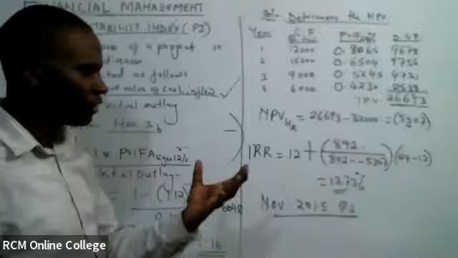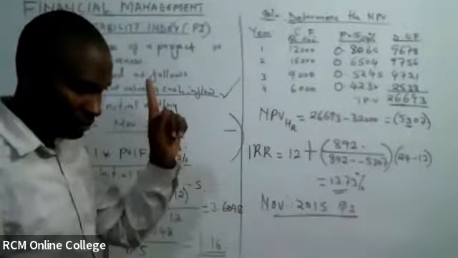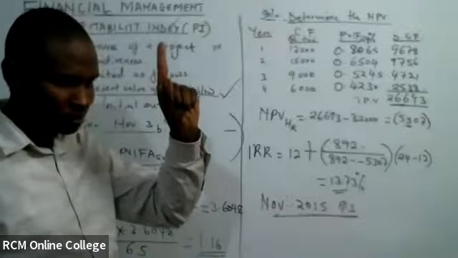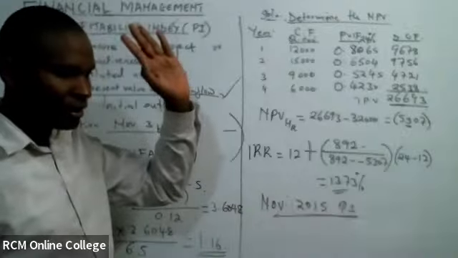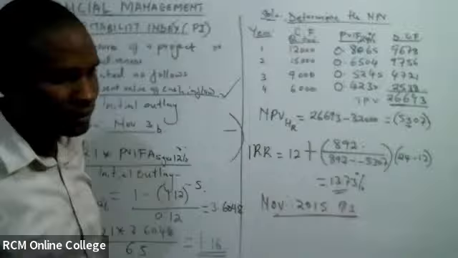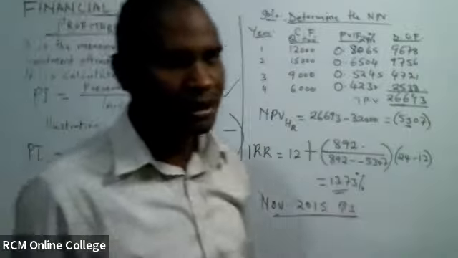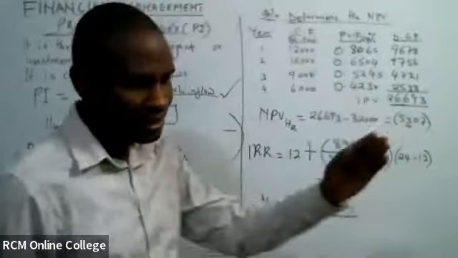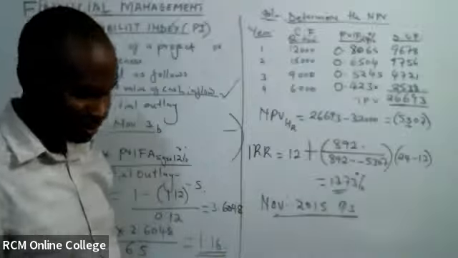That's why when we interpret we say, if the PI is greater than 1, accept the project. So here we have a profitability index. If the PI is greater than 1, accept. If it is less than 1, reject. If it is equal to 1, may accept. That's all, and we're done.